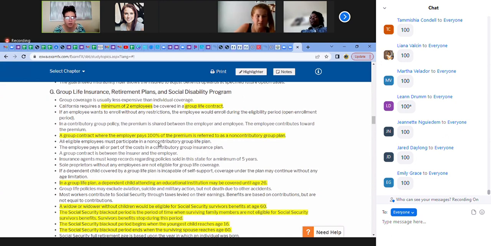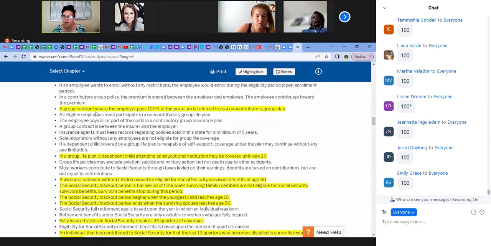We talked about the group plans there. Here's one on the test, and it always confuses people. So here's a group contract where the employer pays 100%. It's referred to as a non-contributory plan. In this particular part, when they ask if it's contributory or non-contributory, stop, take a second, and ask yourself, what is the employee paying?